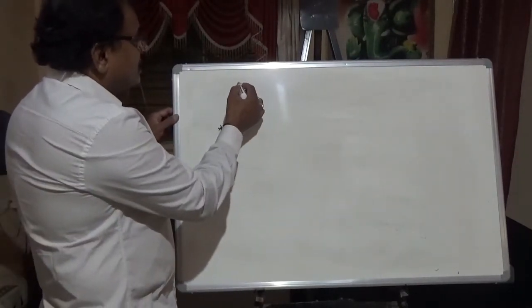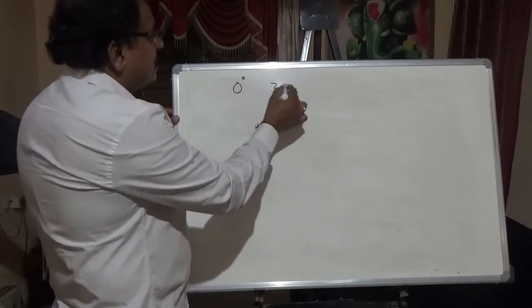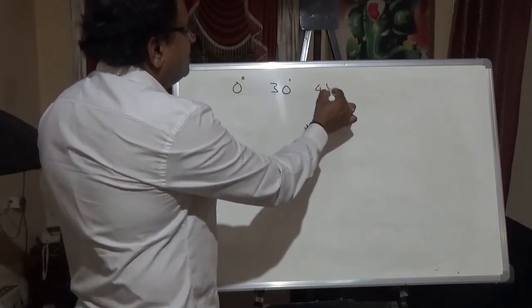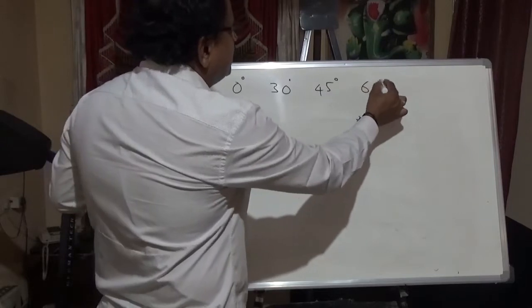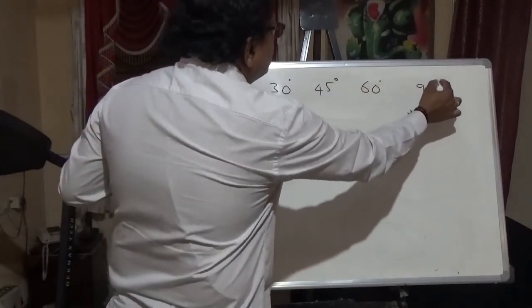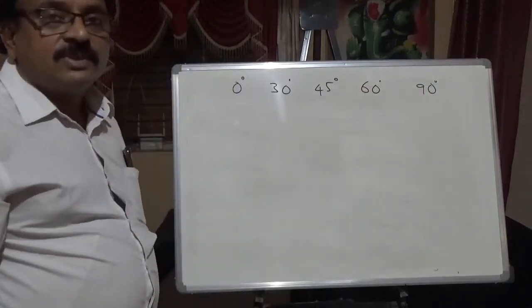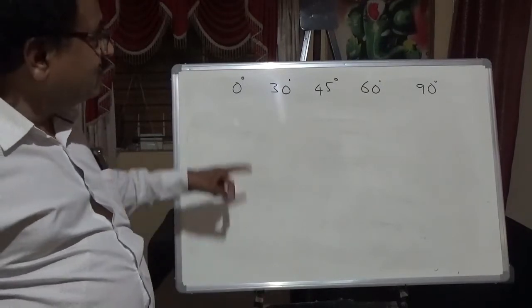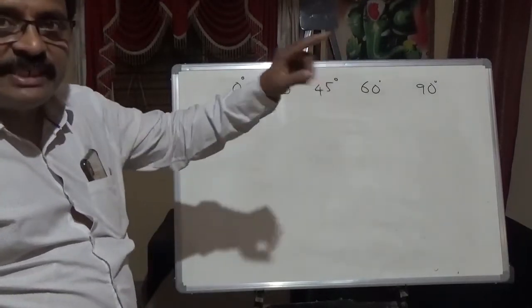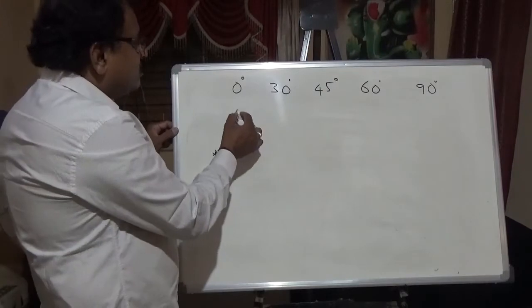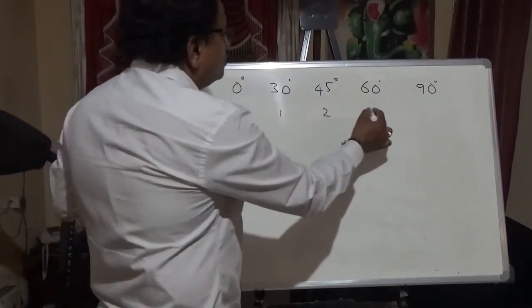First we need to take 0 degrees, 30 degrees, 45 degrees, 60 degrees and 90 degrees. First we are writing 0, 30, 45, 60, 90. Under these values write 0, 1, 2, 3, 4.